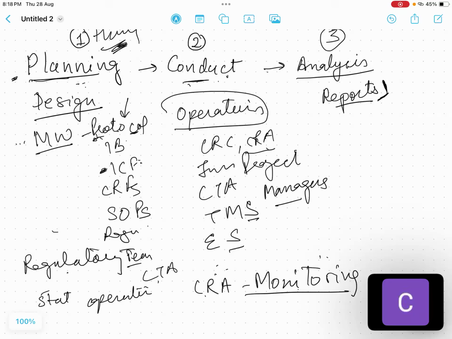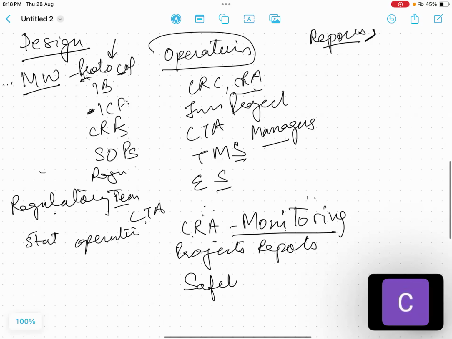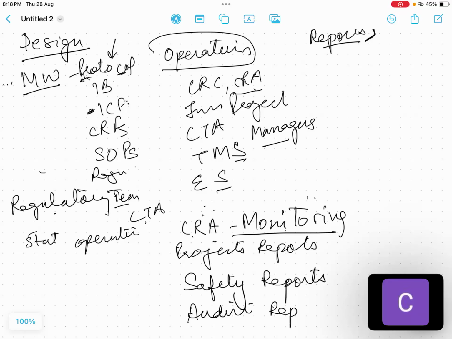What else is prepared? Project reports, safety update reports. What else? If there is an audit, an audit report. Again, in my book, the yellow one, Clinical Research Career Guide, there is an audit report showing how it looks.